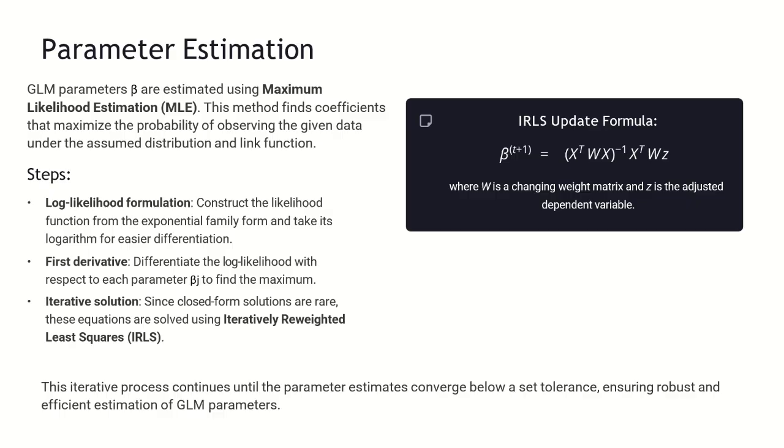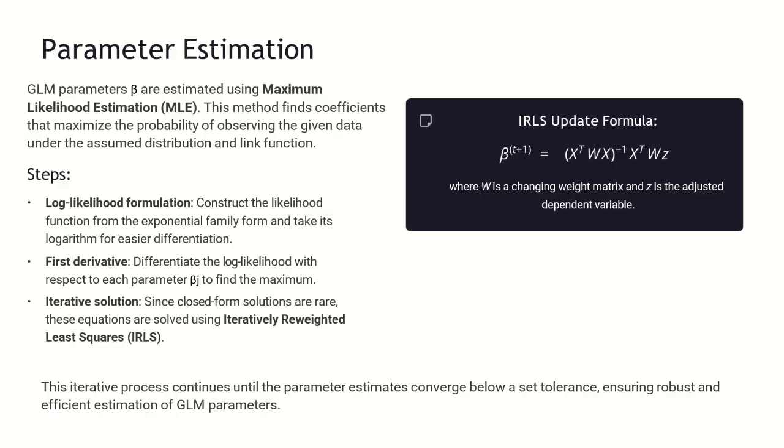Estimating the parameters in a GLM involves maximum likelihood estimation, or the MLE. This process starts by writing down the likelihood function based on the exponential family form and taking the logarithm to make differentiation easier. We find the maximum by setting derivatives to 0, but since closed form solutions are rare, we use iterative methods called iteratively reweighted least squares, IRLS.